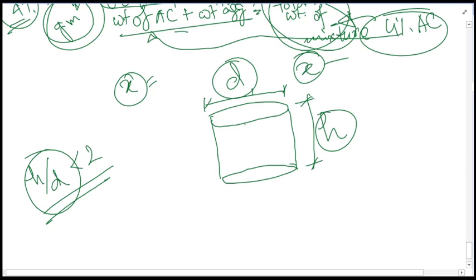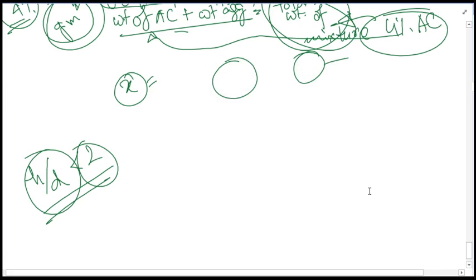The height will obviously be larger, but not so large that it creates a ratio greater than 2. It will always be less than 2, therefore we should not be applying any correction factor. Our height will be greater than diameter, but not by as much, so it will not result in an h by d ratio greater than 2.